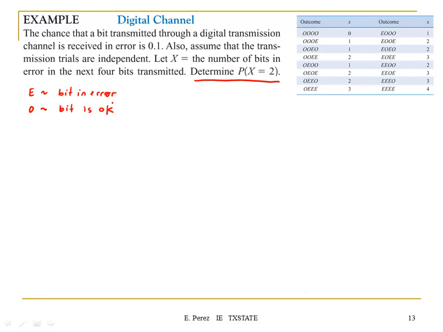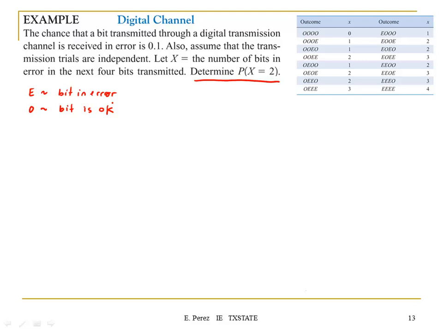We're going to have 16 sample points, and each one is described based on the next 4 bits. The first one, for instance, is 0000. That means the next 4 bits are okay. The second one is that the first 3 are okay, and the fourth one is an error.